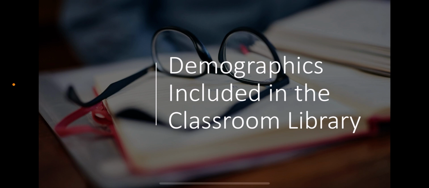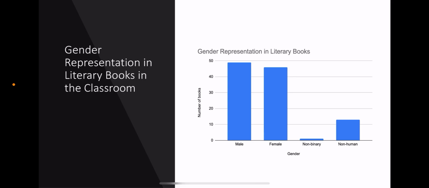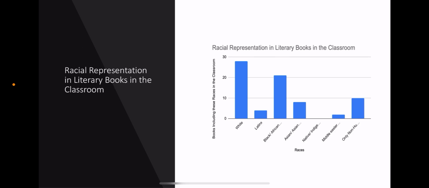So these are the demographics included in the classroom library. Based on the books, gender representation, literary books in the classroom had, this is it. It's mostly male and female. There's not much representation in non-binary, which applies to my classroom in the sense that there aren't any non-binary kids, but this would be a good opportunity if we did have them to be more of a window to learn more about it, as well as non-human was kind of below half.